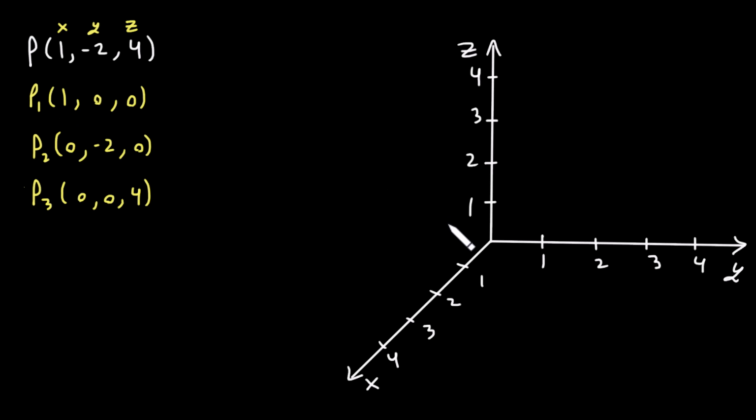For the first point, we just go along the x-axis, which is here. This is the first point, P1, which is 1, 0, 0. Now let's plot the second point, which is 0, -2, 0. We don't have negative here, so let's draw a dashed line here, extending the y-axis in the negative direction. Let's do it in the same color. So we draw it like this.